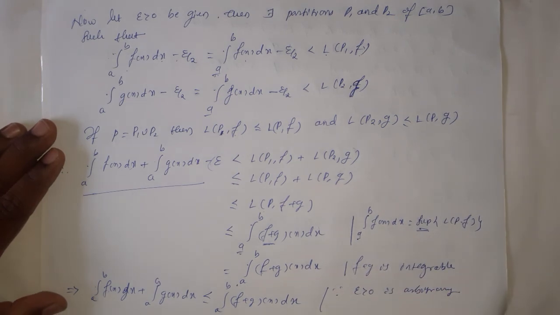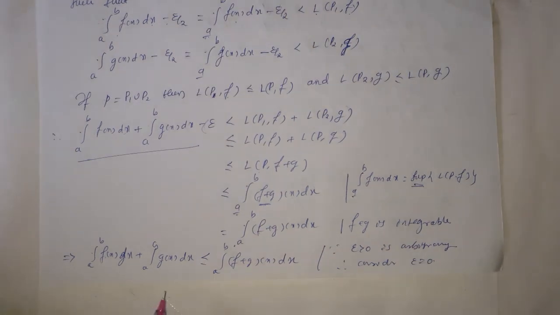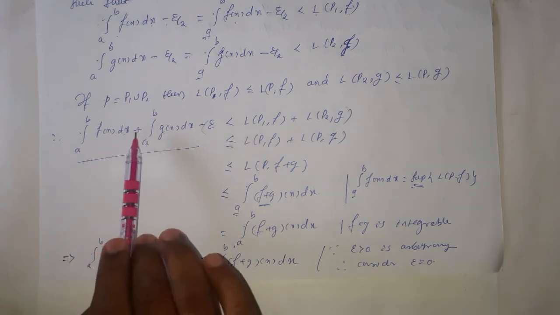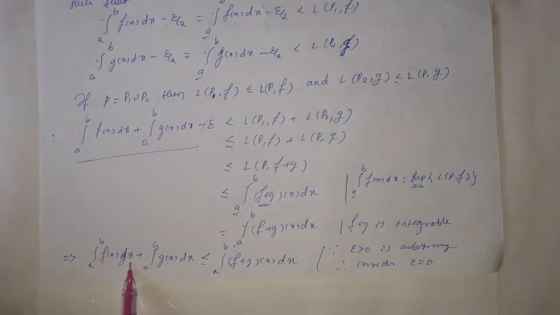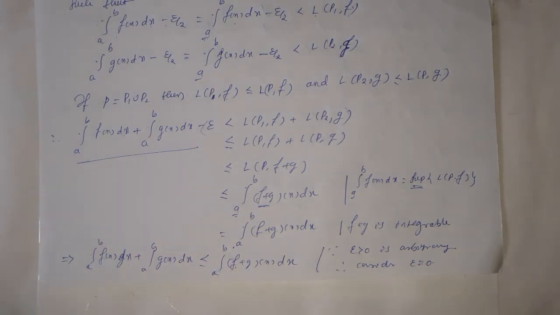Arbitrary means it can take any value. So, consider epsilon equal to 0. Then on the LHS only these two integrals remain, that is the integration of f of x dx plus the integration of g of x dx from a to b, and that is less than or equal to the integration from a to b of f plus g of x dx.